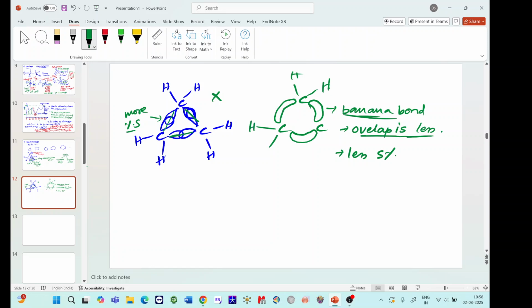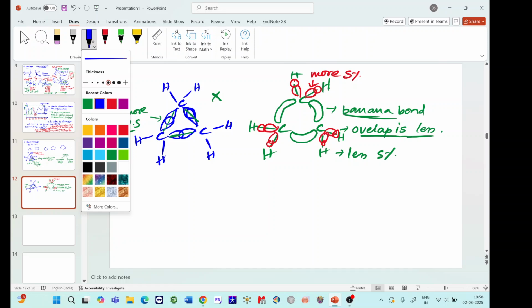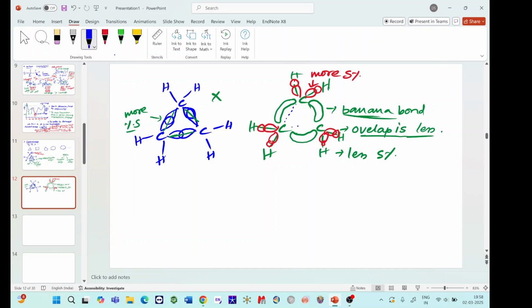So in this bond, this overlap is there. So here comes the extra s character. That is why, if you can see, these bonds are not stable. So this is very reactive. This is the reason, because it wants to lose the ring strain.